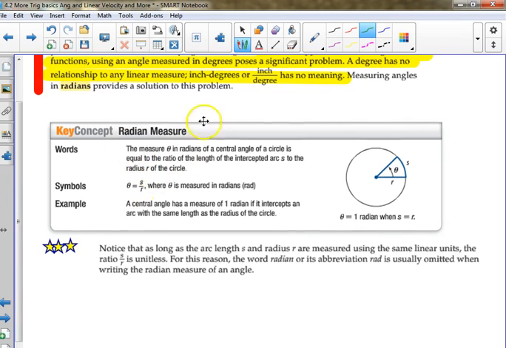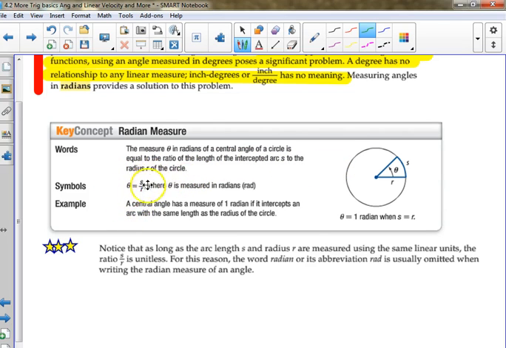So here's a formula you need to know, but it is on the pink sheet. You just need to know how to use it, okay? The measure in radians of a central angle is equal to the ratio of the length of the intercepted arc to the radius.